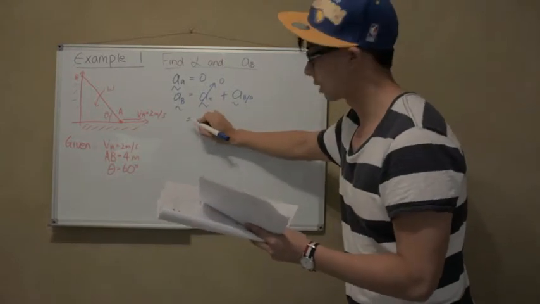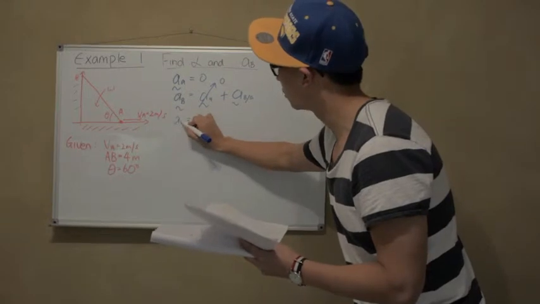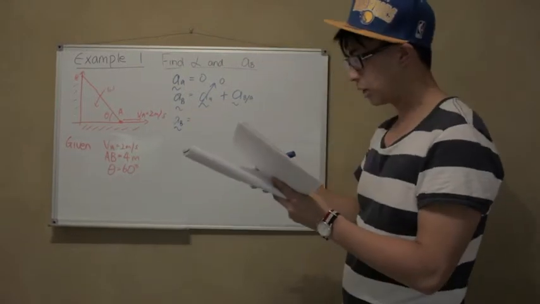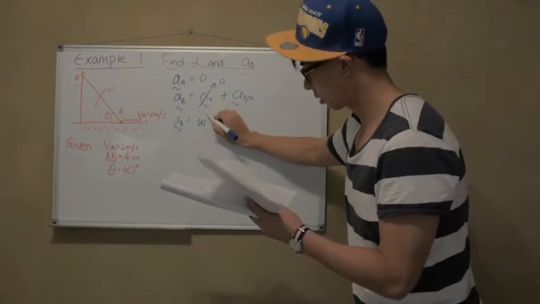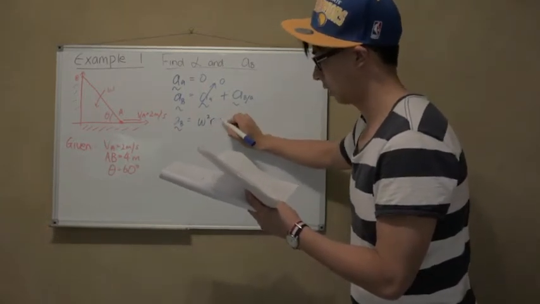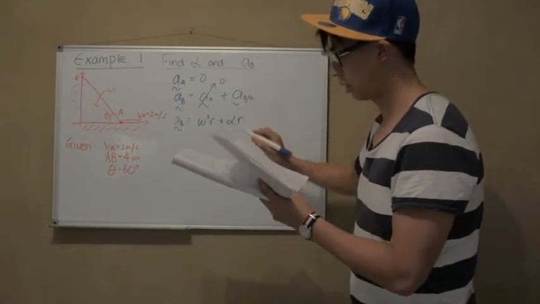So I'll skip a few steps and I'll just show that the acceleration of B is equal to the normal component, omega squared r, plus the tangential component, alpha times r.